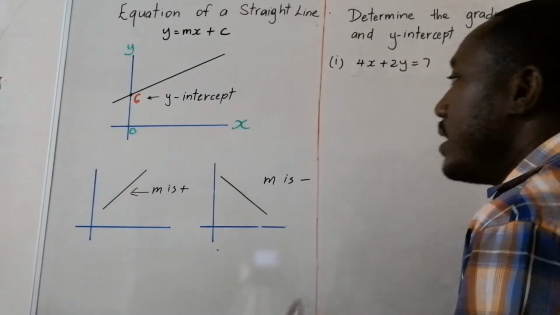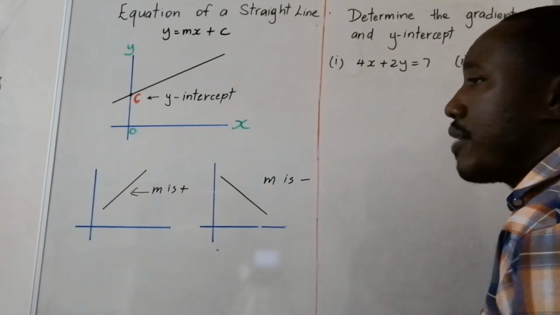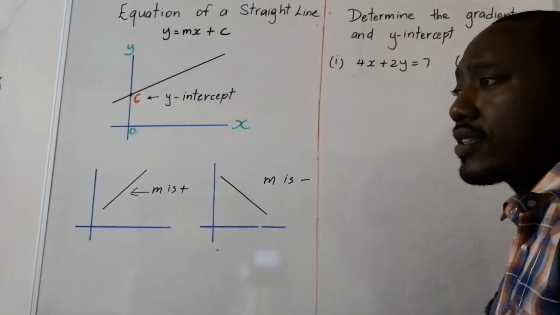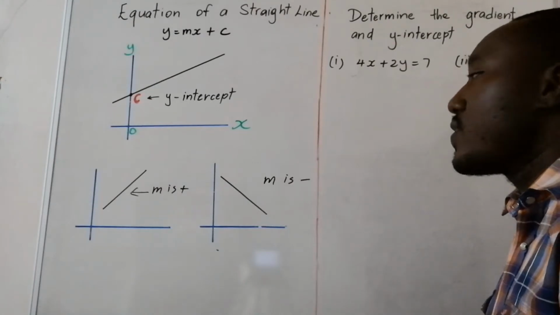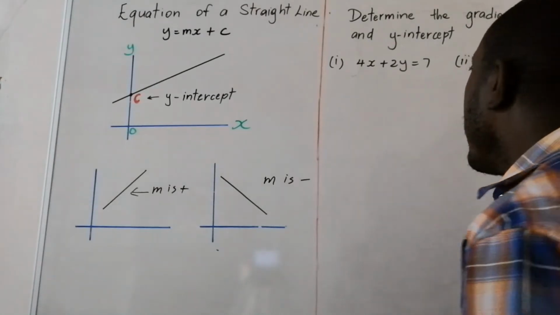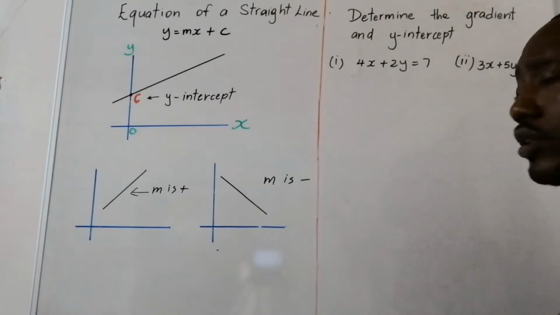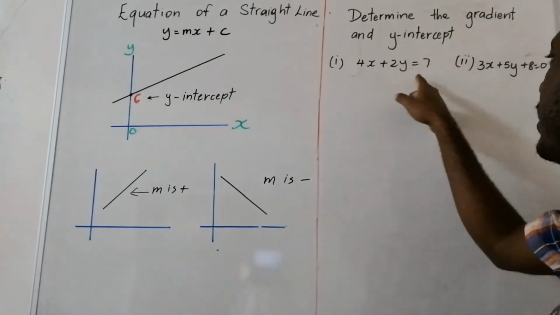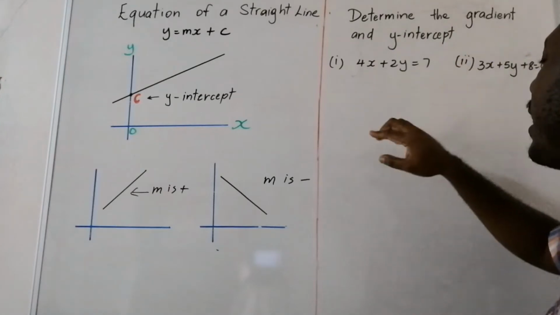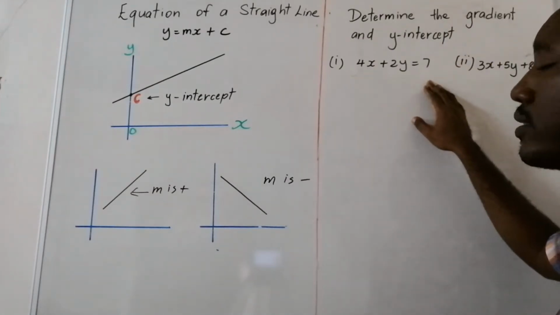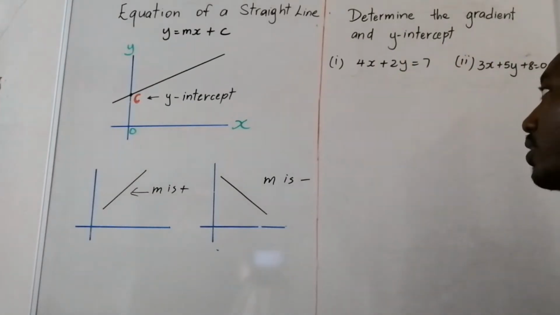And also c represents the y-intercept, or where it cuts the y-axis when x is equal to 0. Now, what we want to do is, from this, determine the gradient and the y-intercept of these two lines.